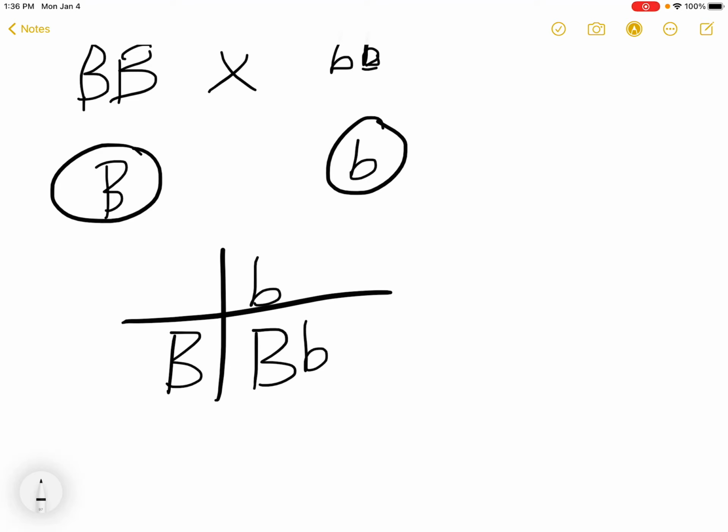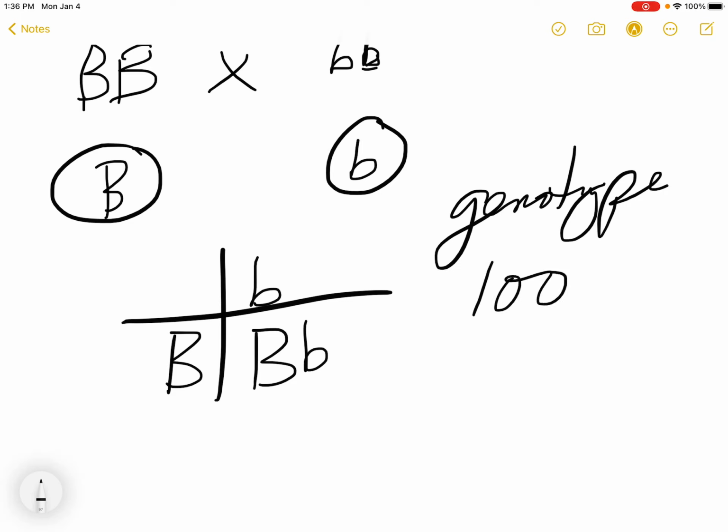So the genotype is 100% heterozygous. In fact, the genotype doesn't even care whether it's blue. It cares about heterozygous, small b, big B. That's the only possible genotype that you could get.